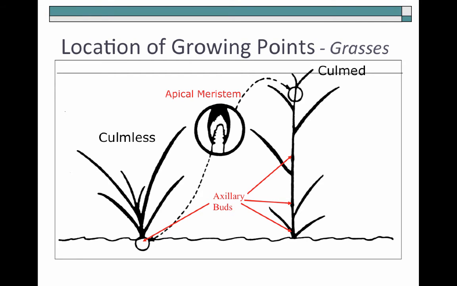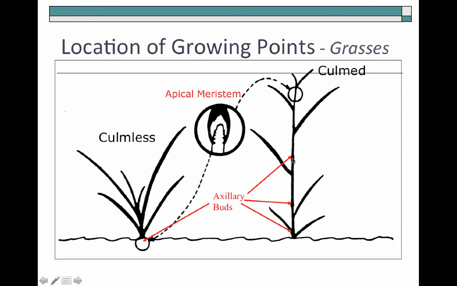All right, so when thinking about growth points, again, we can have two main types when it comes to culms. So we can have culms that have an auxiliary bud at the soil, so like our Kentucky bluegrass, or we can have a culmed plant that actually has auxiliary buds up above the soil, so elevated growing points.